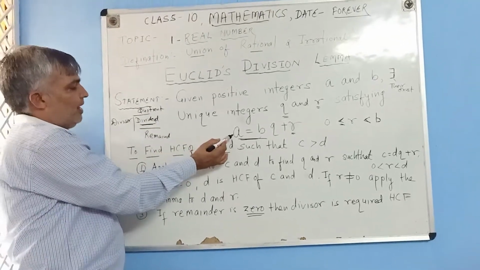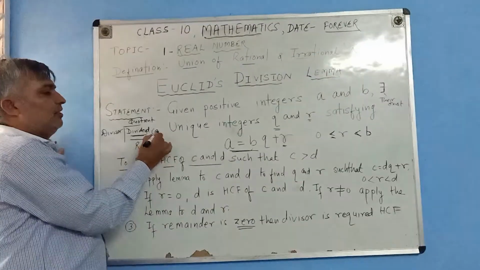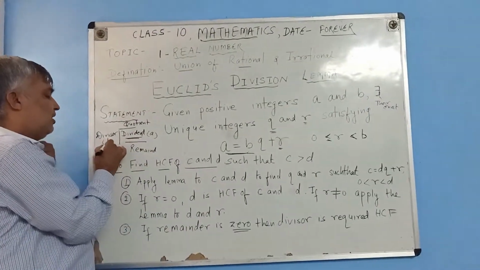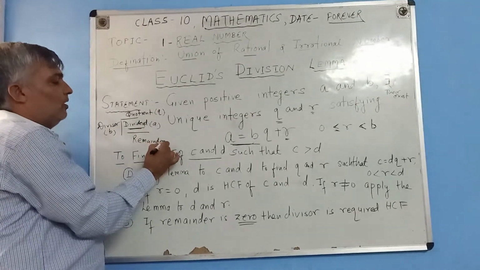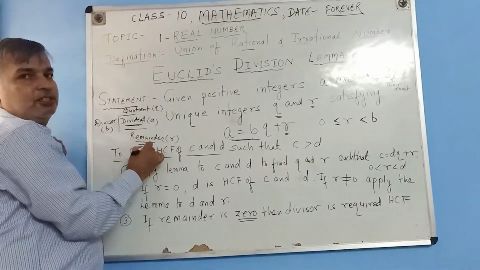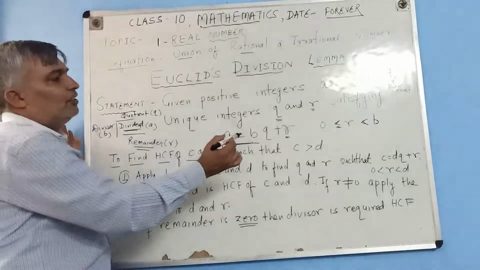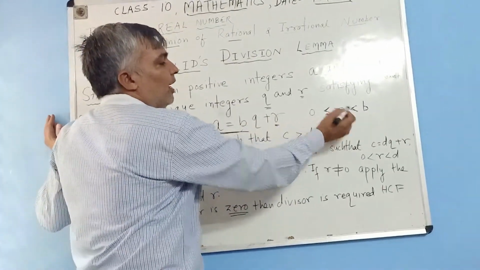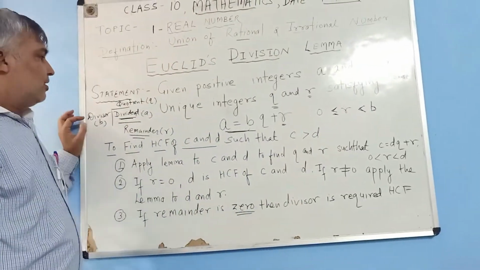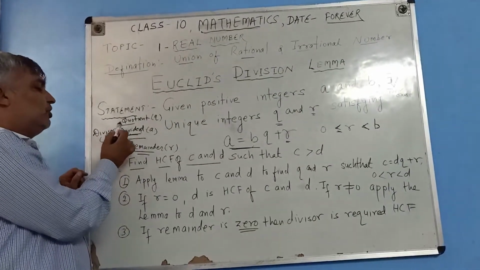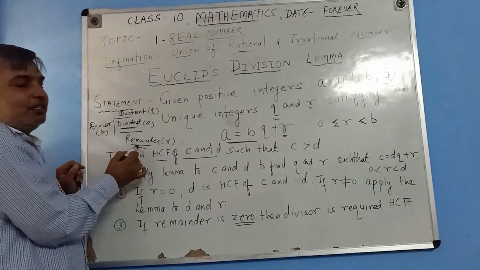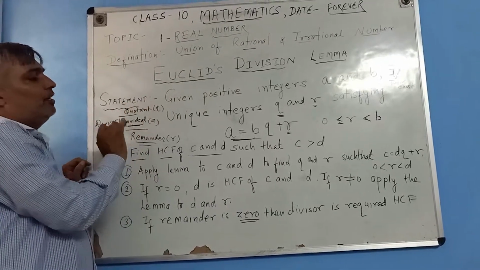Here a is the dividend, b is the divisor, q is the quotient, and r is the remainder. So the remainder should always be greater than or equal to 0 and less than b. This result is explained by Euclid, and this is known as Euclid's lemma.